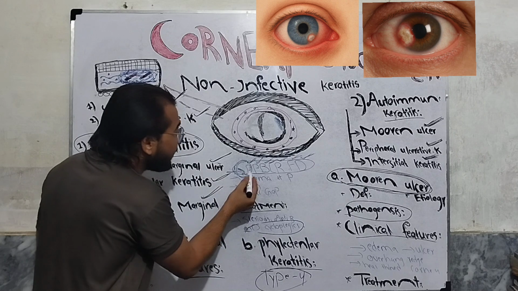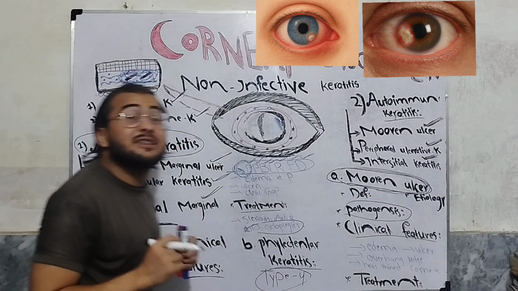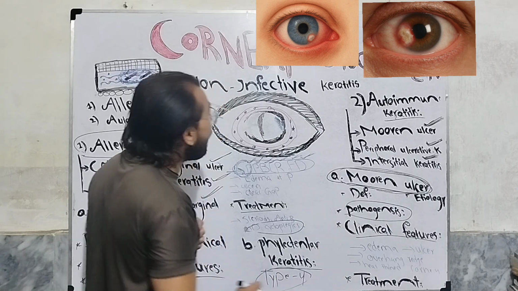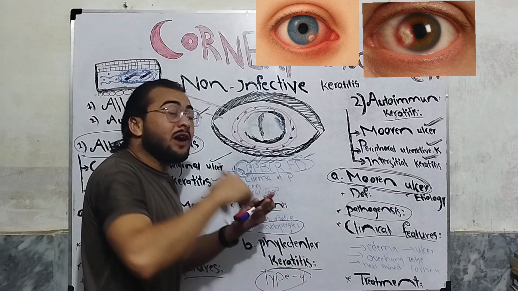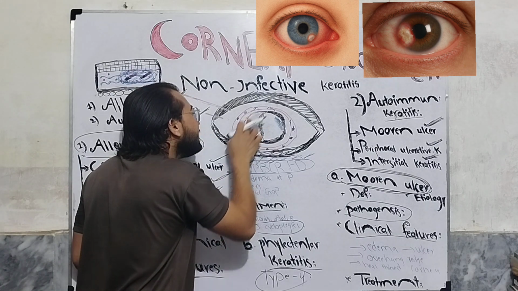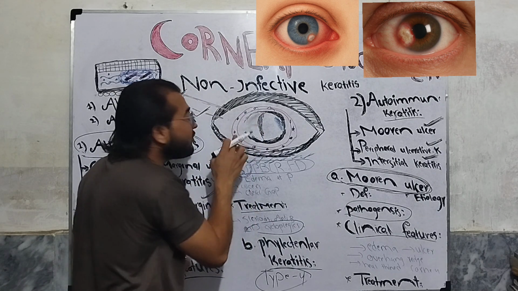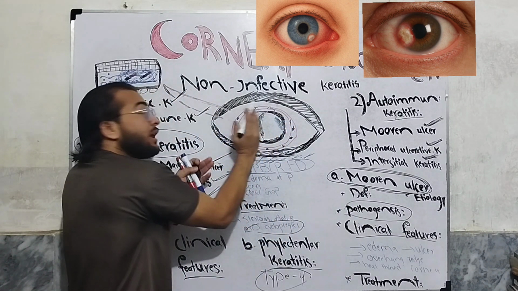The pain is very severe in Mooren ulcer, and not so severe in catarrhal marginal ulcer. So I told you that there are two forms. The ulcer moves circumferentially as well as centrally, and at the advancing edge there is an overhanging ridge.